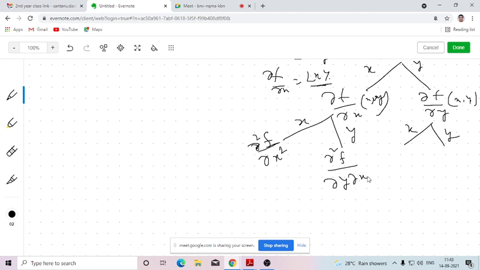The last variable with respect to which we are differentiating will come first. So del 2f del y del x. Similarly here, if I differentiate this with respect to x, we will get del 2f del x del y, and here we will get del 2f del y2. So these are the four partial derivatives. These two are called the mixed partial derivatives, since here we differentiate first with respect to x, then with respect to y.